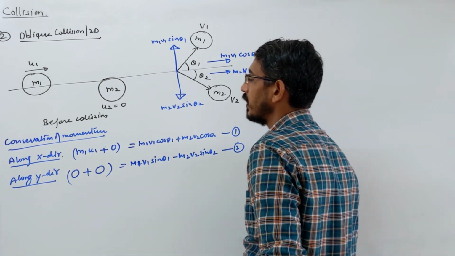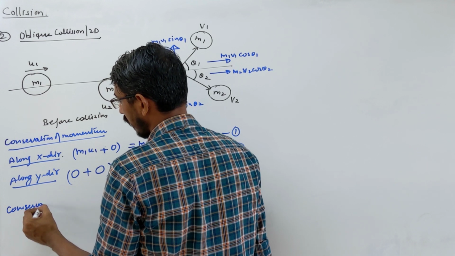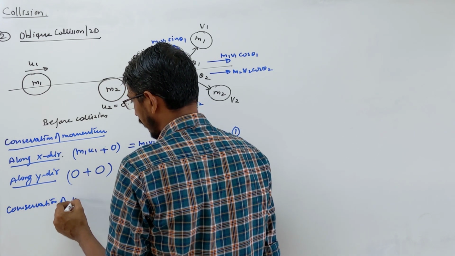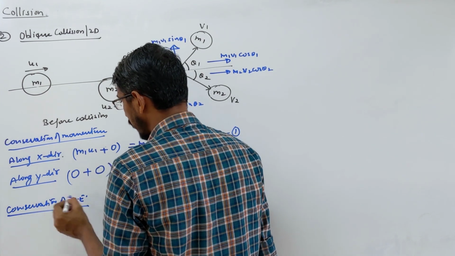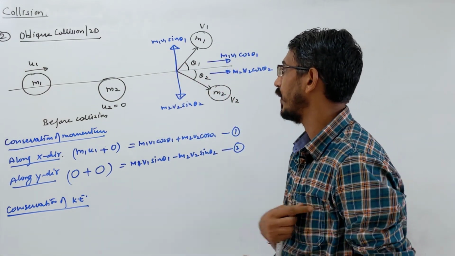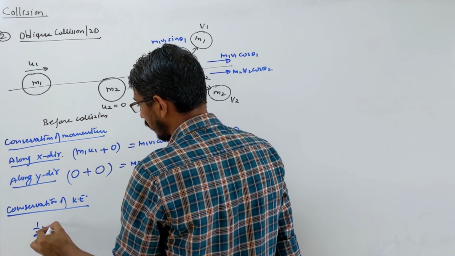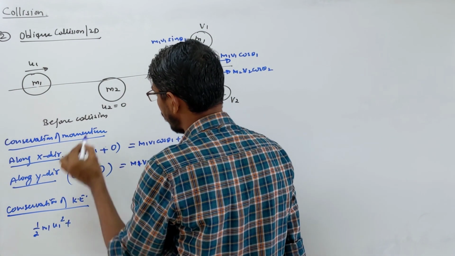Here you can also write conservation of kinetic energy. It looks the same because kinetic energy is a scalar and does not depend on the angle of movement. So the initial kinetic energy is half m1 u1 square plus 0, since this ball was at rest.